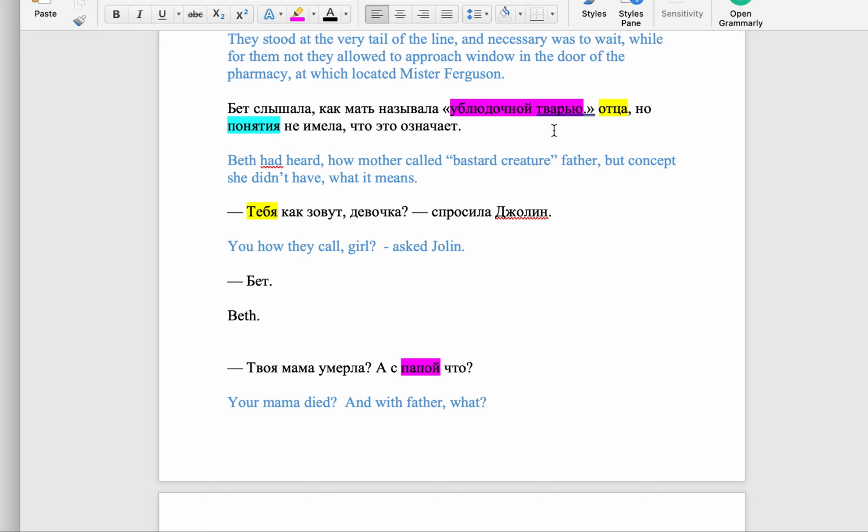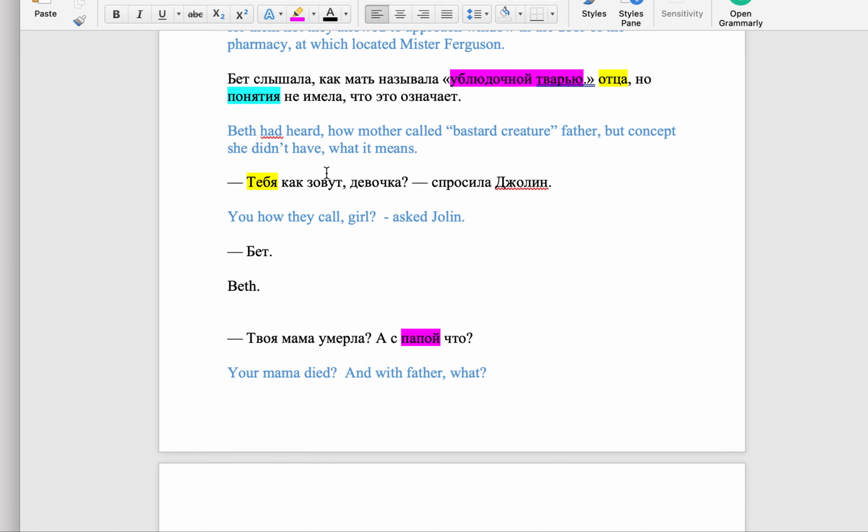And so понятия comes from the word понятие. And понятия is the form in which it's put when it's in the genitive case. Okay, so again, I'll just read the direct translation.